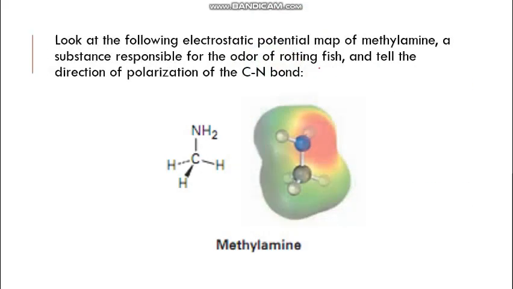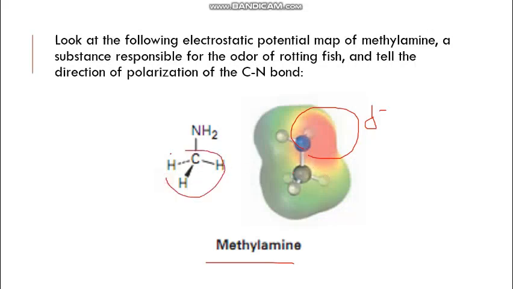Now let's have this example. This is an electrostatic potential map of methylamine, a substance responsible for the odor of rotting fish. Let's tell the direction of the polarization of the carbon-nitrogen bond. As we can see here, nitrogen has a red region, meaning siya yung may partial negative charge.